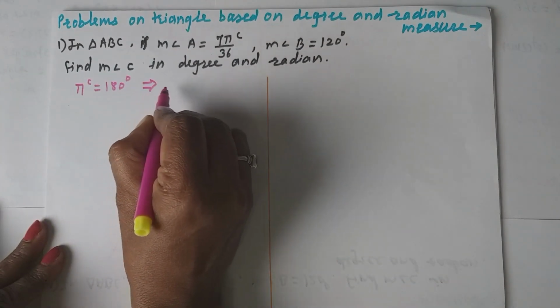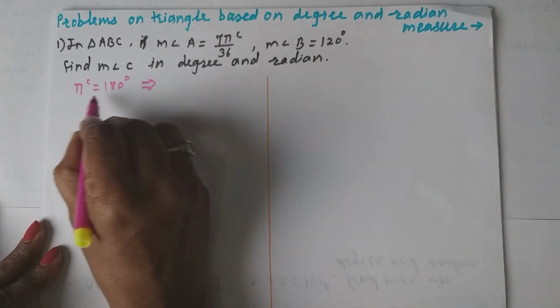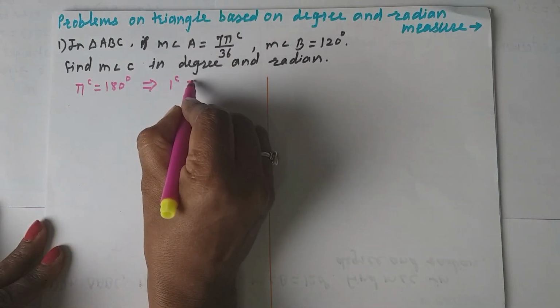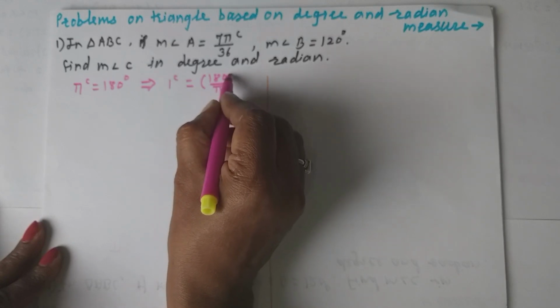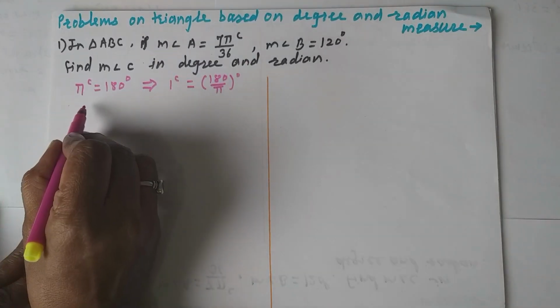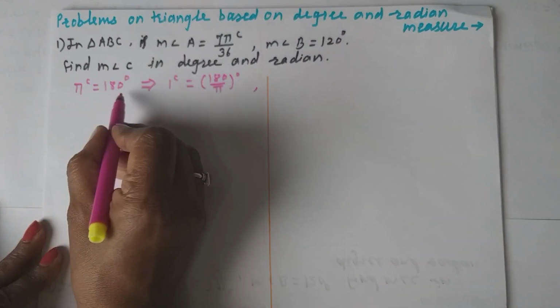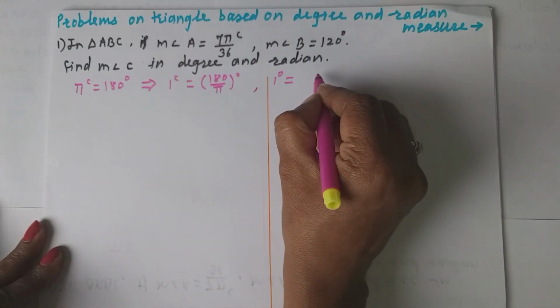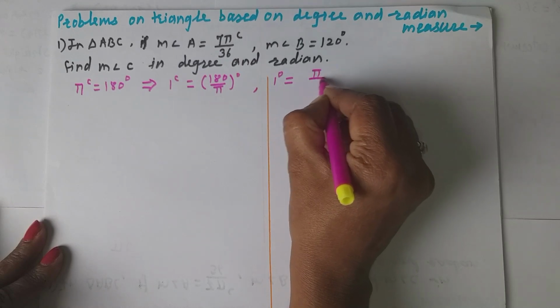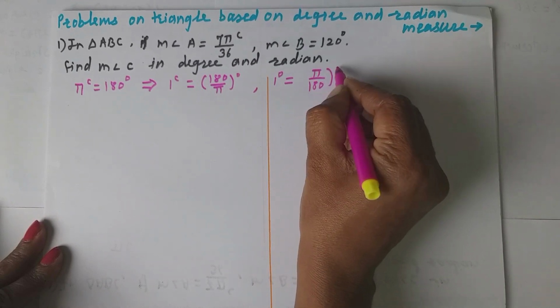From this formula, if I divide both sides by pi, then I will get 1 radian equivalent to 180 divided by pi degree. And if I divide this equation both sides by 180 degree, then I will get 1 degree equivalent to pi divided by 180 radians.